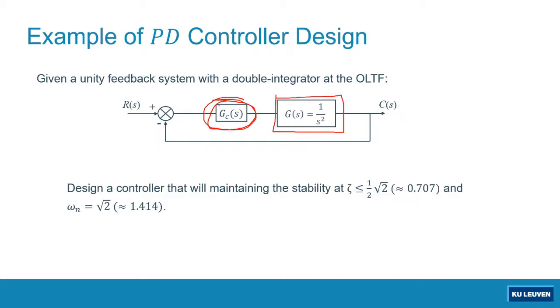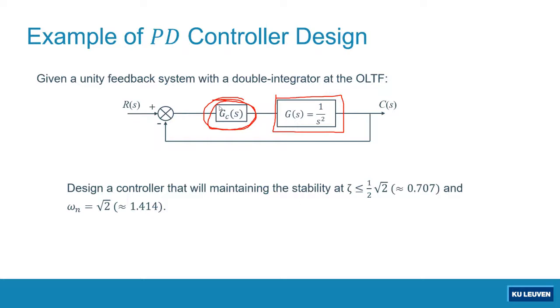As usual, when we are going to design a controller, we have to come up with a design requirement, a design specification. It's different from the typical requirement when we are designing a PI controller, because a PI controller is meant for improving the steady state performance. As I have already mentioned before, a PD controller is more suitable to improve the transient performance.